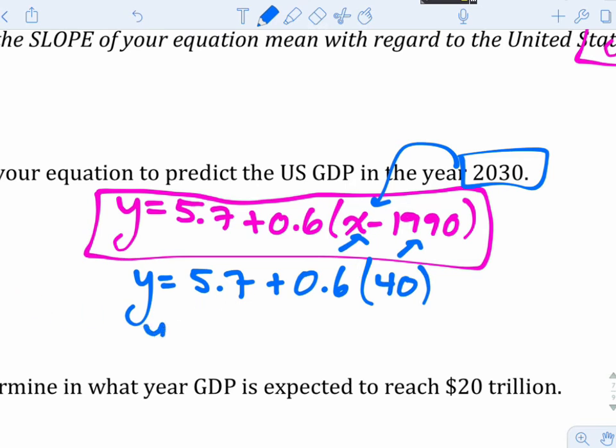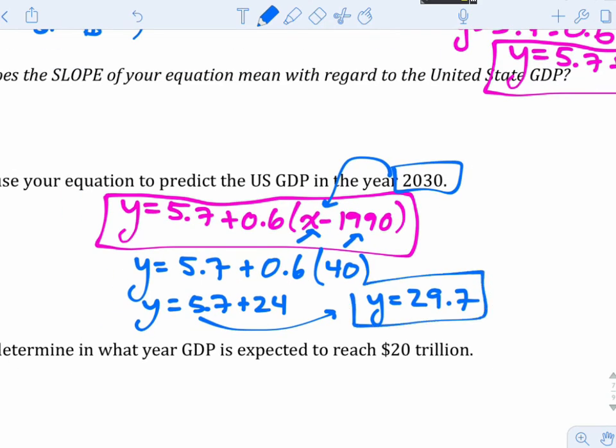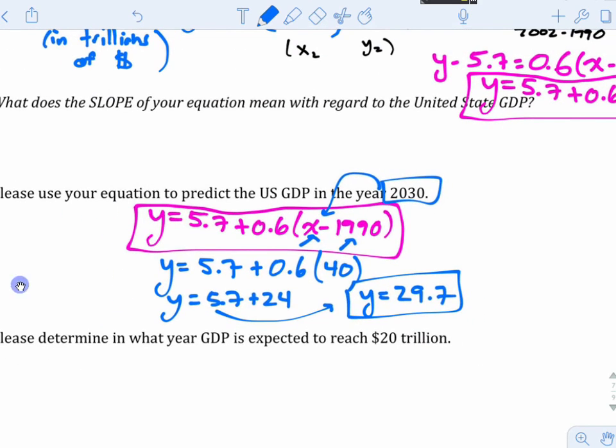I think that 0.6 times 40 is 24. And so I think we predict that if we continued at this rate, we would find that in the year 2030, the US GDP would be $29.7 trillion. Now, granted, I just wrote y equals 29.7, but if I were you in a quiz or exam situation, I would write this little blurb that in the year 2030, we predict the GDP to be $29.7 trillion.